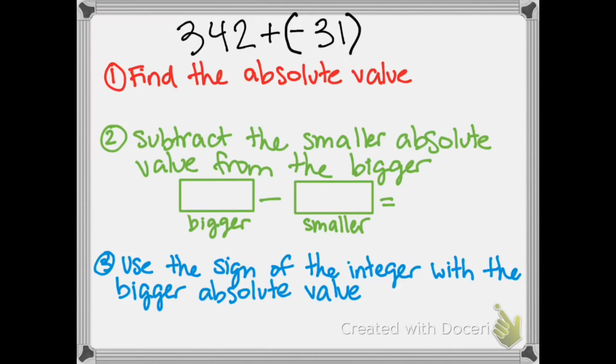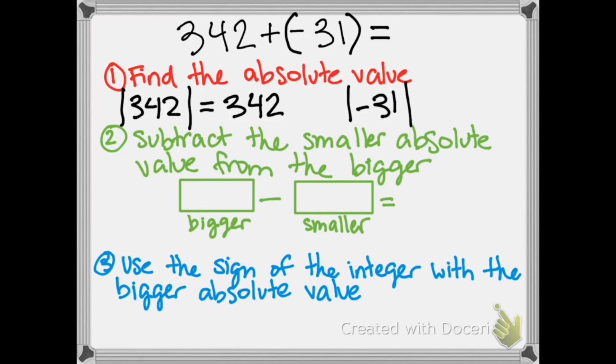All right. So let's see, we want to find the absolute value. The absolute value of 342. It's a big number, but it's pretty easy to find the absolute value because it's just 342. And then the absolute value of negative 31 is just 31.